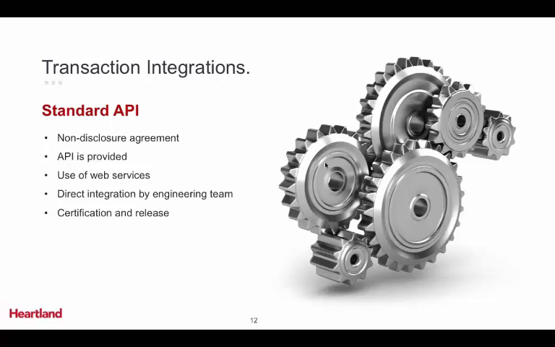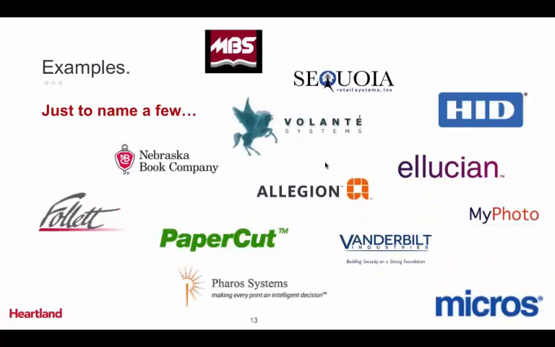We certify that they are, and then it's available for release to any client that utilizes or wants to utilize that system. We've built a large group of standard integrations with many companies that are out there, such as Missouri Books, Nebraska Books, Follett, Papercut, Pharos, Volante Systems, MyPhoto.